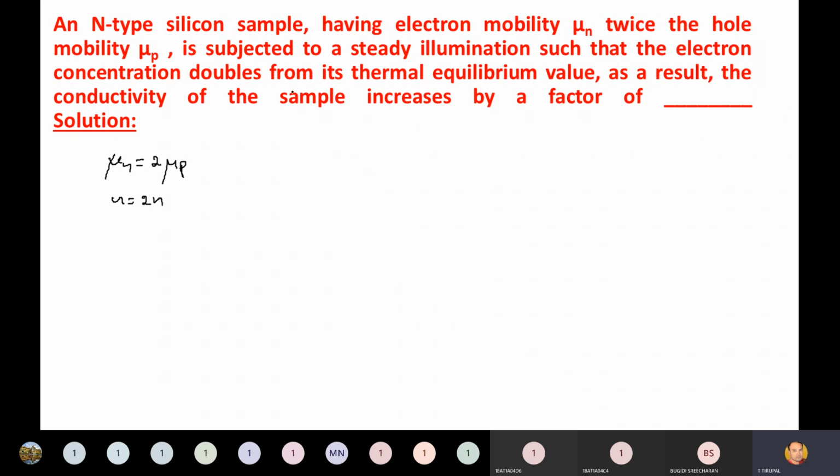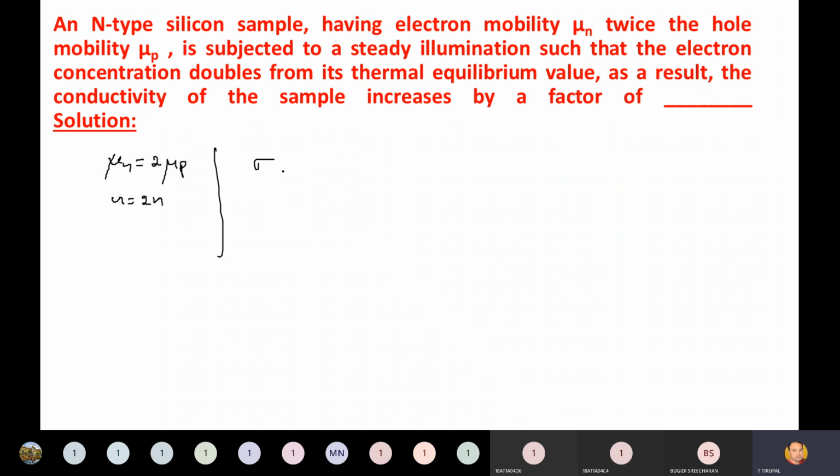As a result, the conductivity of the sample increases by a factor of. So this is the given data. You need to find the conductivity.